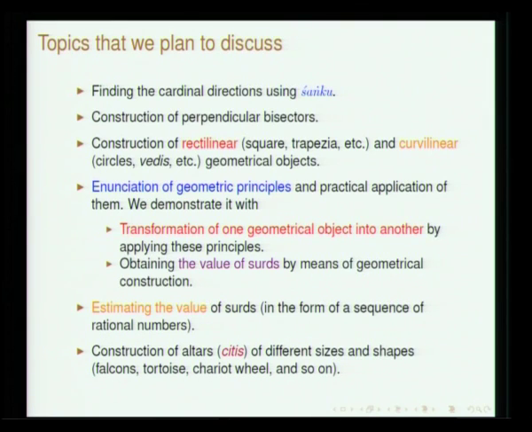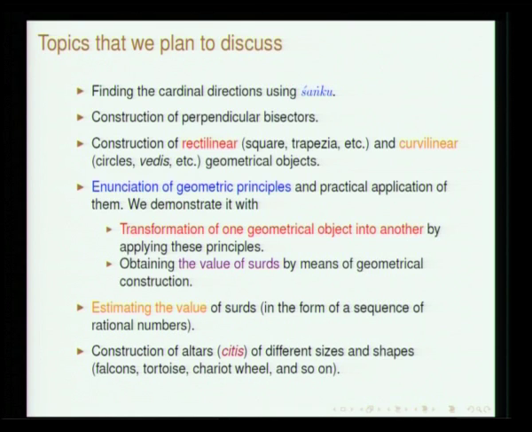Then construction of figures like square, trapezia, circles. These are all very interesting things, as I told you. They are just done with a nail and a rope. Then enunciation of certain geometrical principles, for instance the Sulba theorem. Okay. Sulbasutra is the ancient text which has the Pythagorean theorem in the most general form, not only triplets.